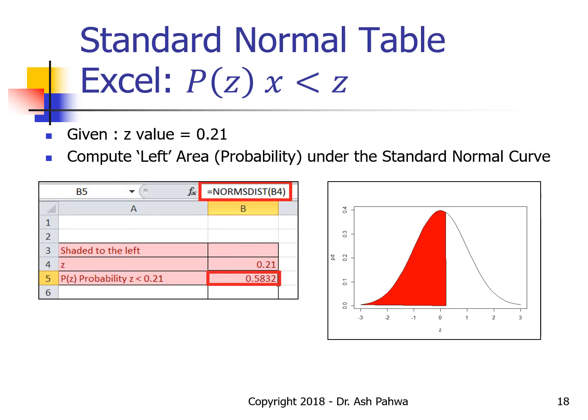And now suppose that the z value is already known to us. How can we compute the probability and the area? In this particular chart, suppose the z value is 0.21. We are a little bit on the right hand side because when the z value is 0, we know that the area is exactly 0.5.